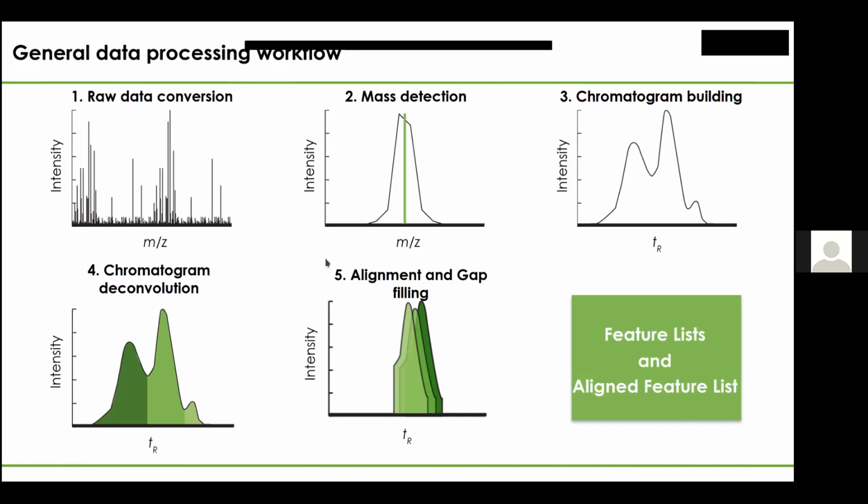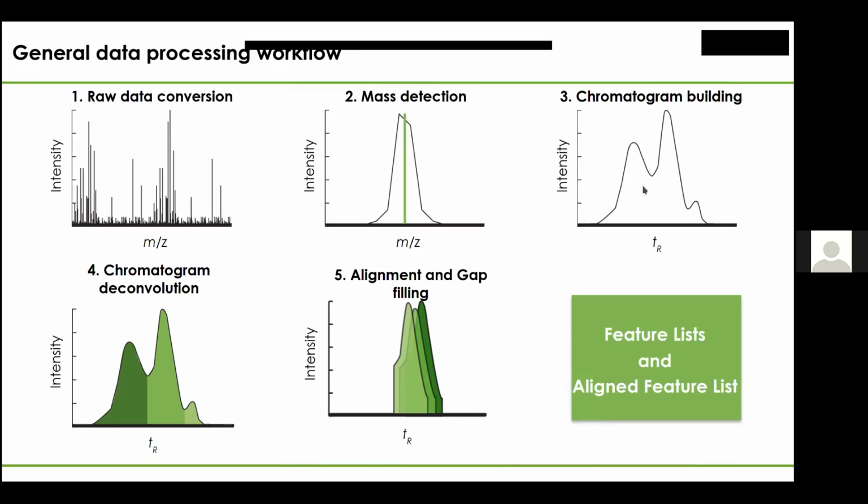The general workflow in MZmine always starts with processing each spectrum of each raw file, and we call that mass detection. So we create mass lists, and with those mass lists we then create chromatograms, or let us say a big list of chromatograms.